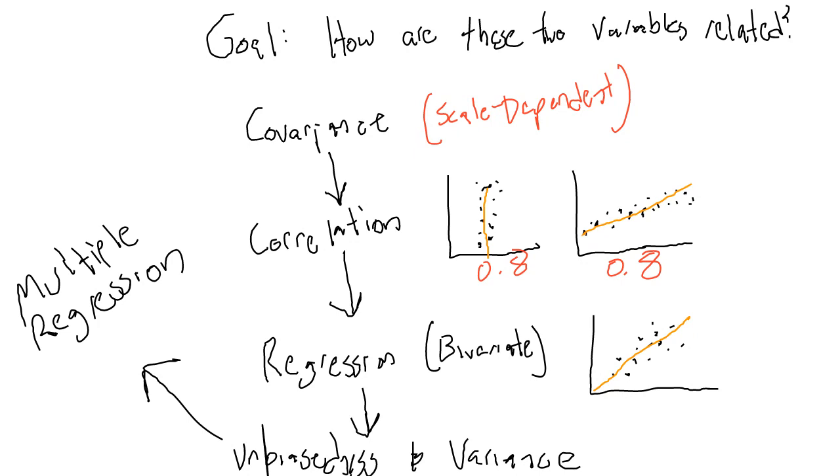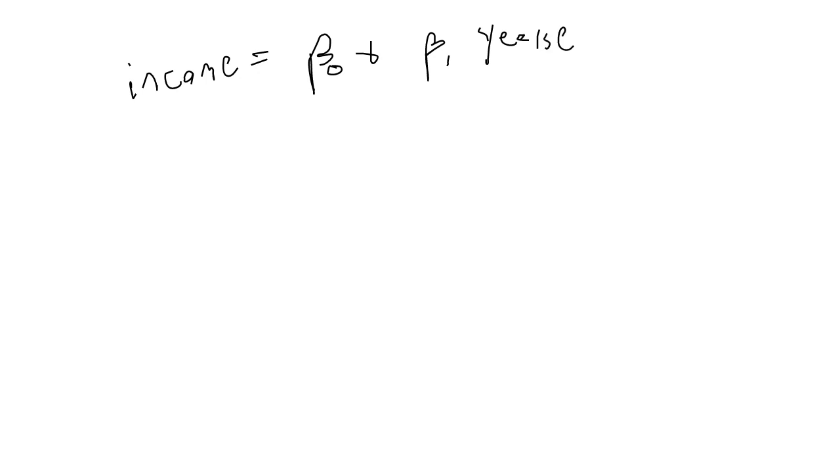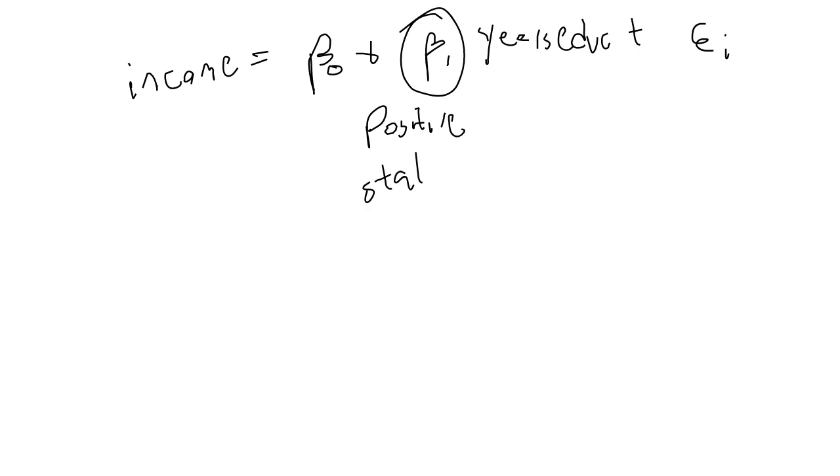Where we really want to start trying to combat omitted variable bias. That was our main reason for going into multiple regression. We talked about how, if you run the regression of income on years of education, you'll probably get an estimate of the slope that's positive and statistically significant.